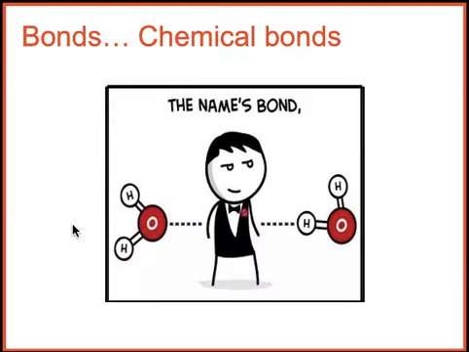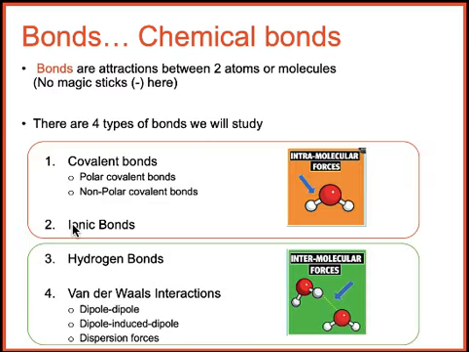So we're going to talk about bonds, chemical bonds, not James Bond. To do this, let's just think of what bonds are. Bonds are attractions between two atoms. And here they write or molecules. I tend to not call it a bond because we have this image of what a bond is. I like to call it an interaction, right?